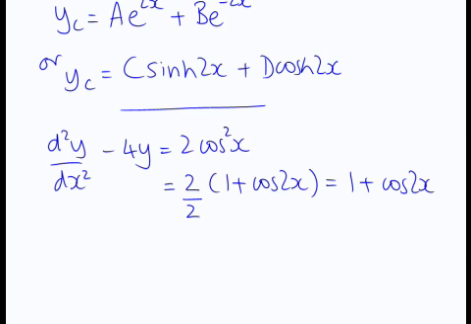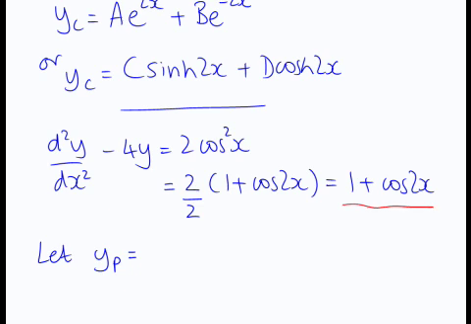Let me start to find that now. For the particular integral, we have to make an educated guess as to what the solution should look like, and I look at the form of the right hand side of the differential equation, 1 plus cos 2x.